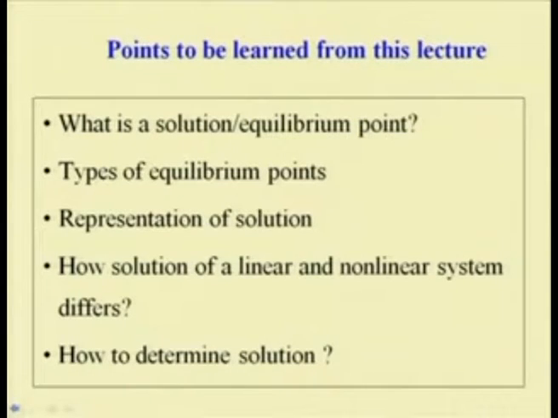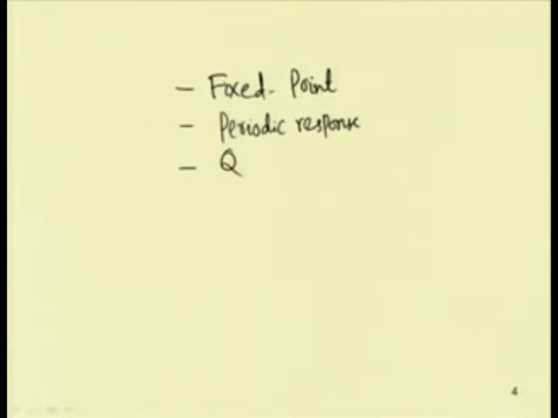In types, one can have the fixed point response, then one can have the periodic response, one can have the quasi periodic response, or one can have the chaotic response of the system.